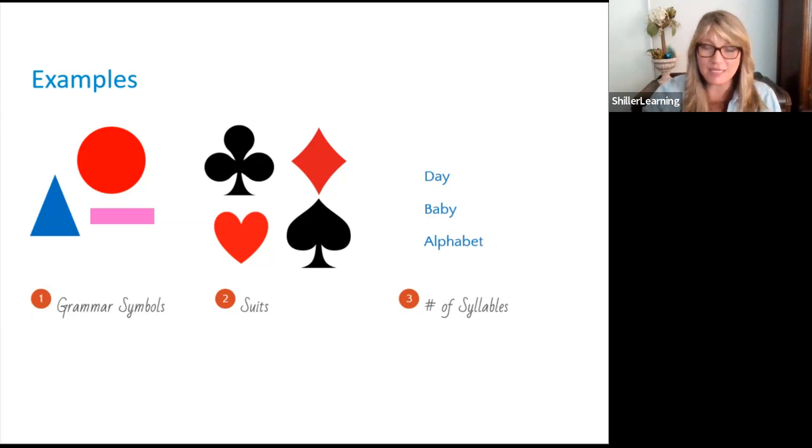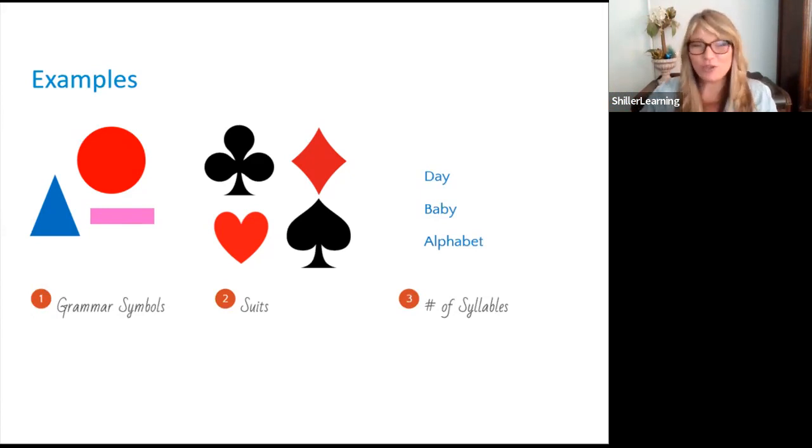A lot of kids need to be introduced to the deck of cards so you can use the 3-period lesson when you're explaining to them what the different suits are. When you are talking about number of syllables, number of syllables is one of those really simple, basic language arts activities in early elementary that it's surprising how many students find challenging.